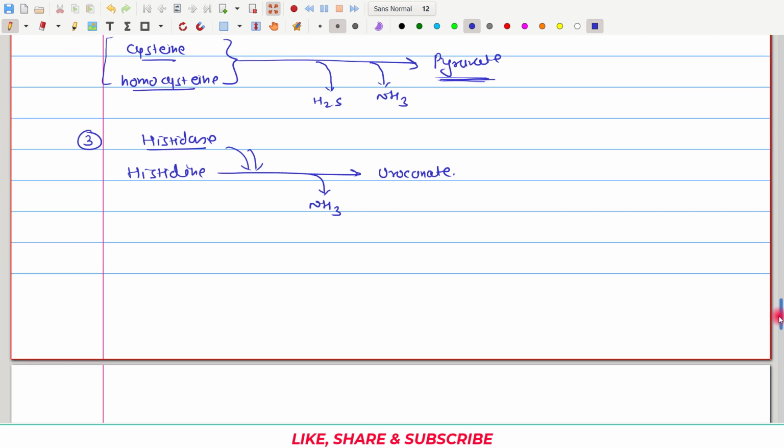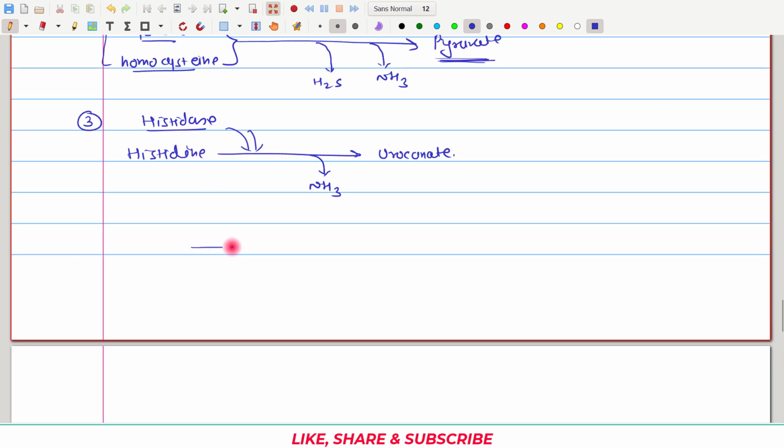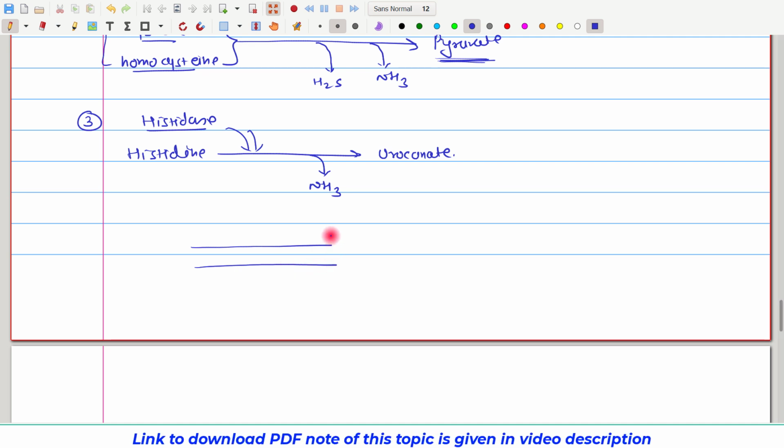And as a summary, see what happens. First, transamination occurs. In the transamination, we had seen that all amino acids donate their amino group to alpha ketoglutarate, and alpha ketoglutarate gets converted to glutamate, and these amino acids get converted to their respective keto acids.